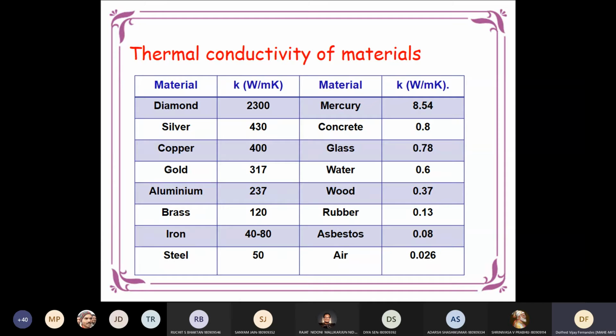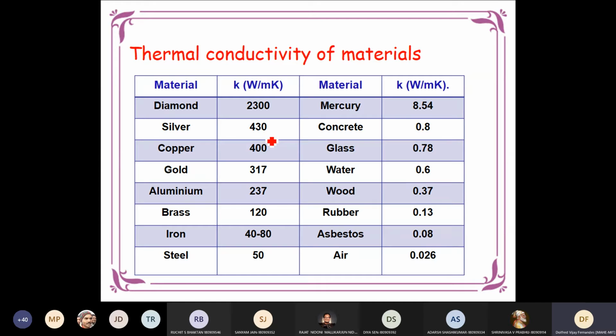For frequently used materials in engineering and heat transfer problems, I have listed the thermal conductivity values. These are rounded off. It's not exactly this thermal conductivity; it depends on the temperature also. With the temperature, the thermal conductivity of a material will also change, right?